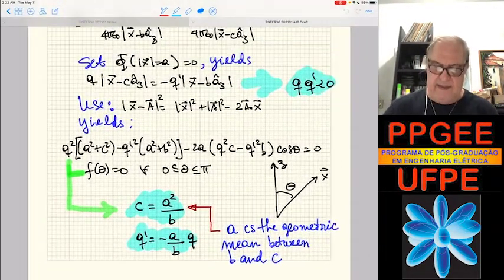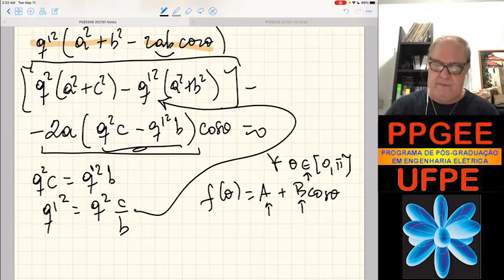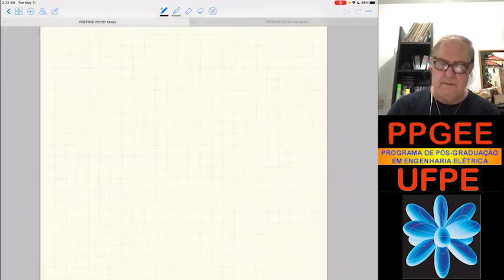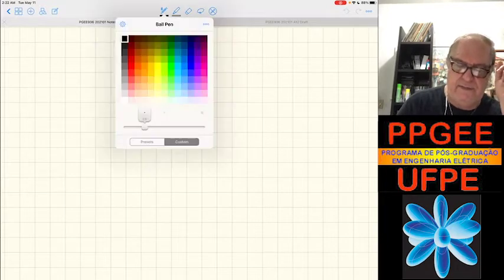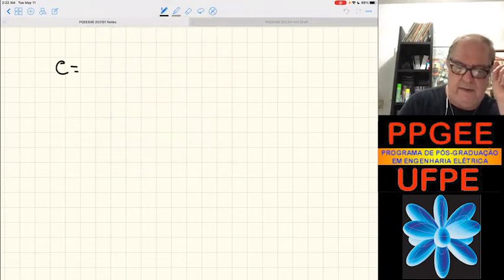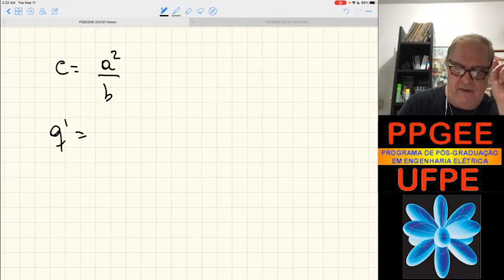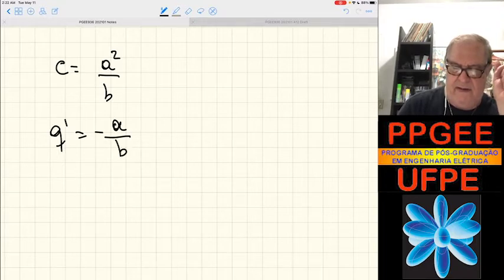So just notice, let me write down here the location, C equals A squared over B, and the value Q' equals minus A over B times Q.